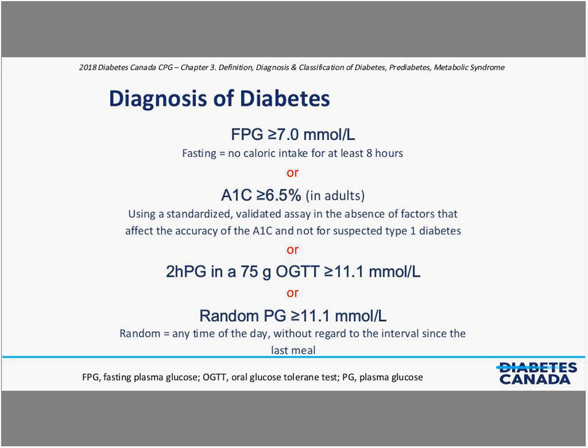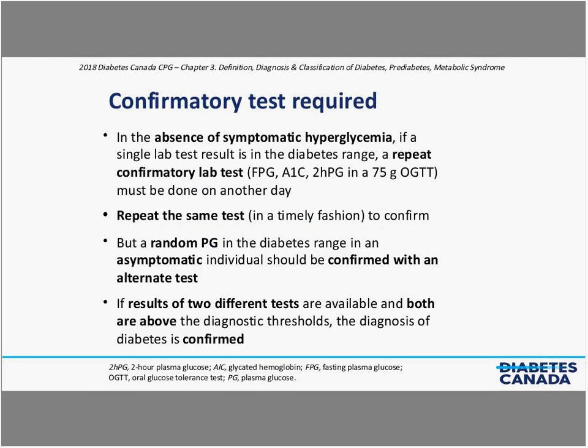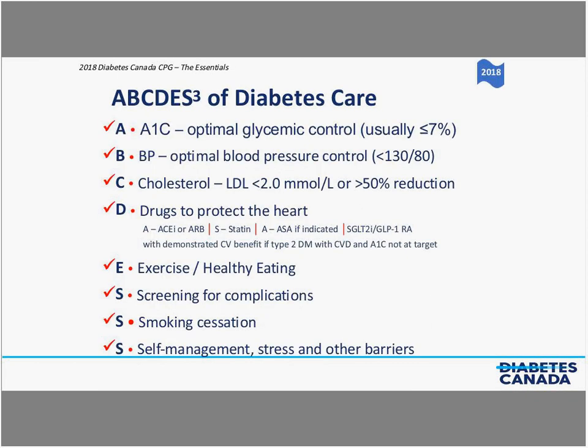Some people will have an artificially high or low A1C if they have an underlying endocrinopathy, and if one is suspicious for diabetes, you can use a glucose-based diagnosis either with the fasting or the 75-gram test. So no change in the diagnosis. Of course, a confirmatory test is required on a separate day to confirm diagnosis. No change there.